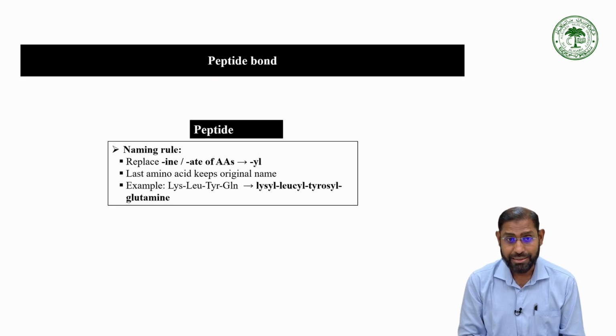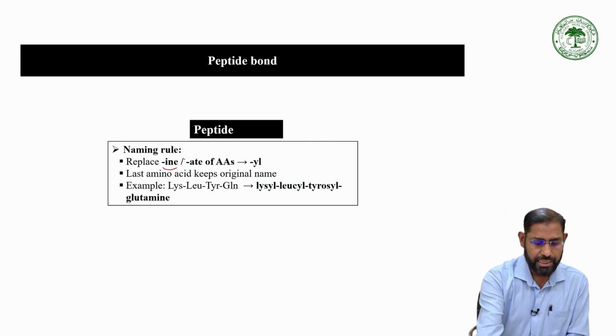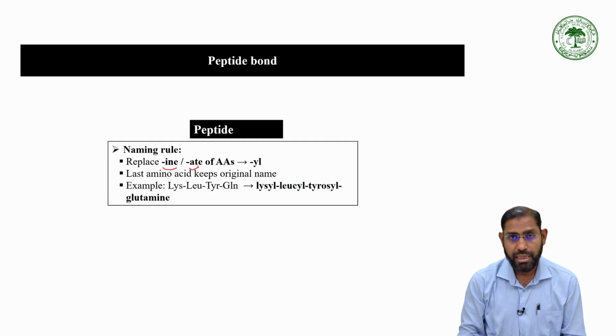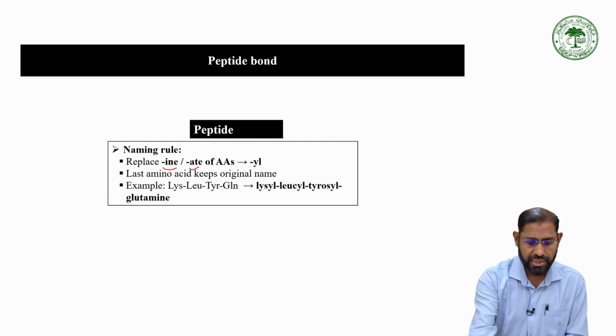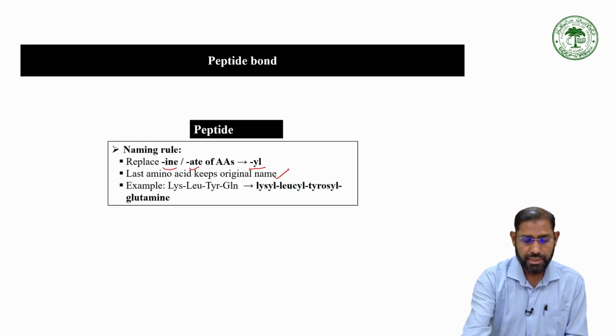Peptide bond naming rules: when amino acids are linked with peptide bonds, there is some modification in their names. The ending -ine and -ate, like in alanine, valine, glutamate, is replaced by -yl. The last amino acid keeps its original name.